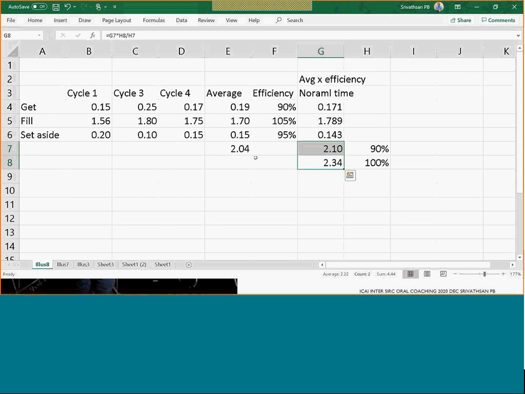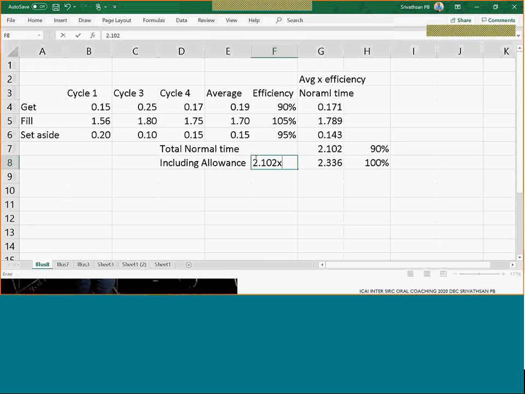And normally on the base time 2.102, cross multiplication we have done.